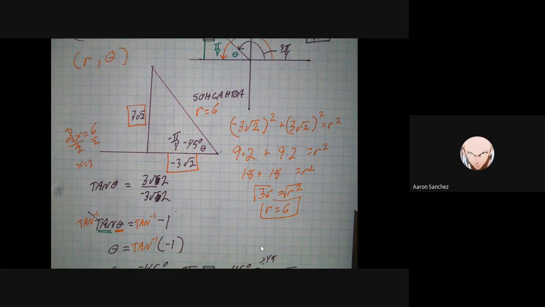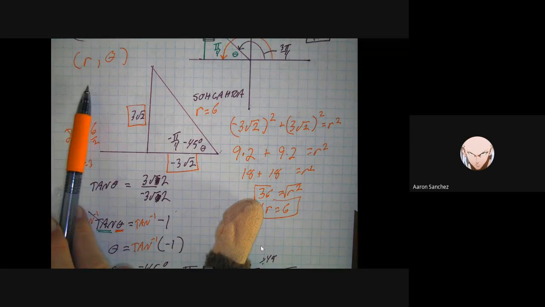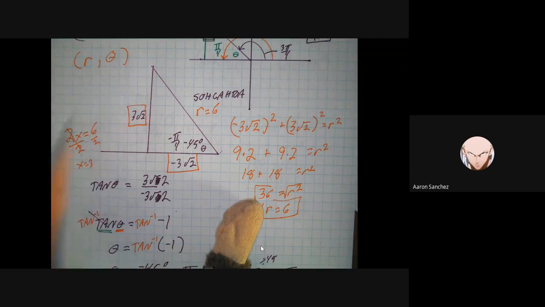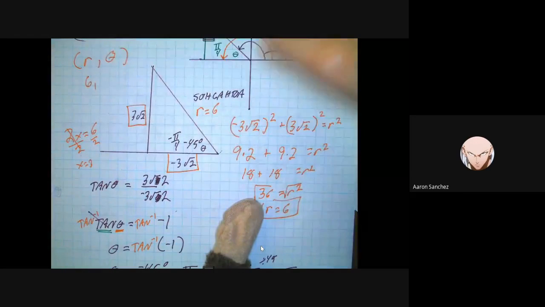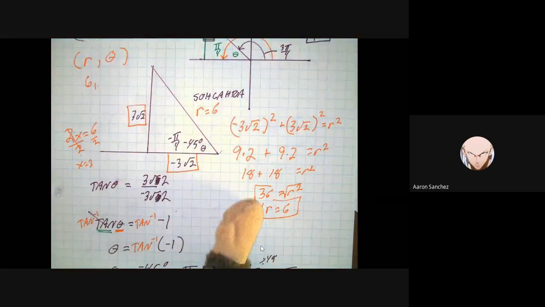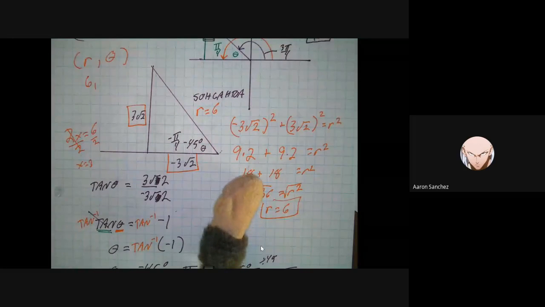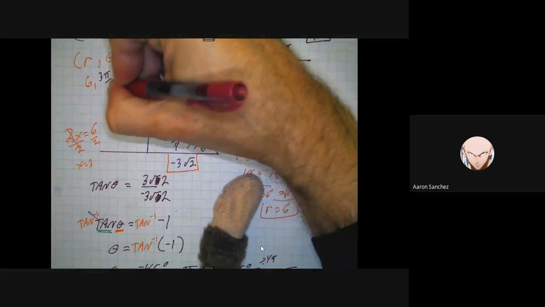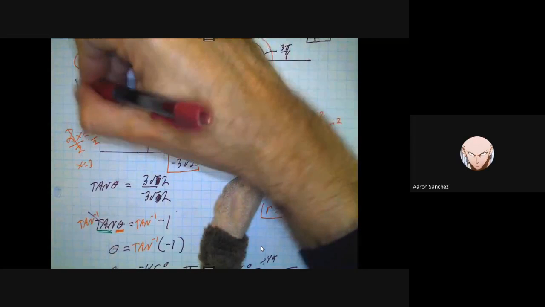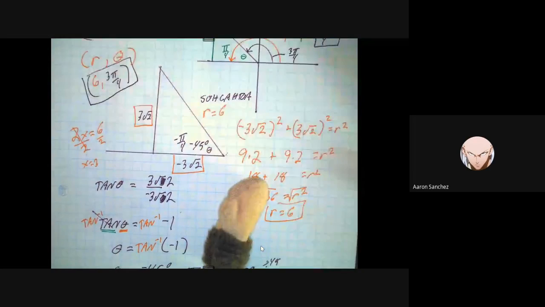So, final answer, if you remember that the polar form is the radius and theta, I have my radius of 6 and my theta of 3 pi over 4. And that's your answer, which is what you guys got: 6 comma 3 pi over 4.